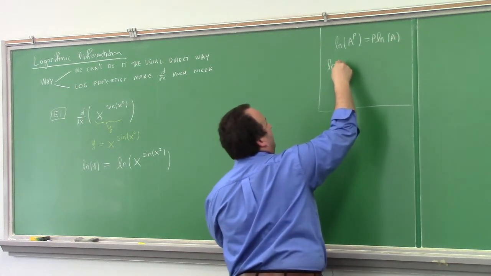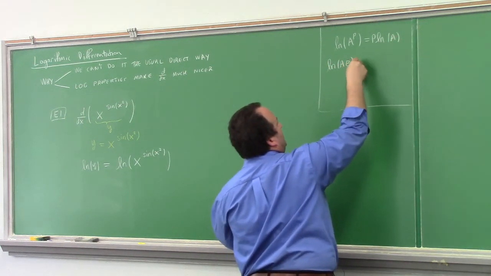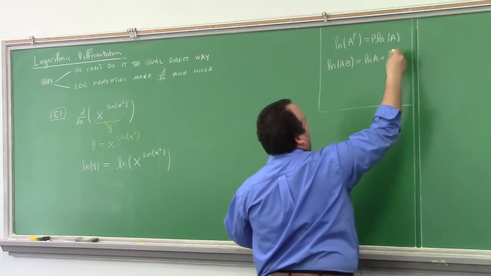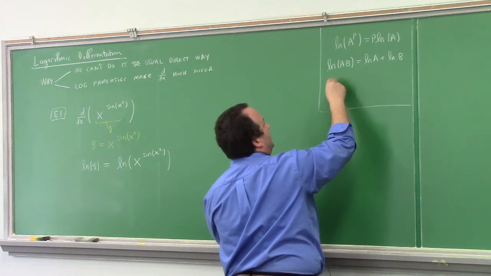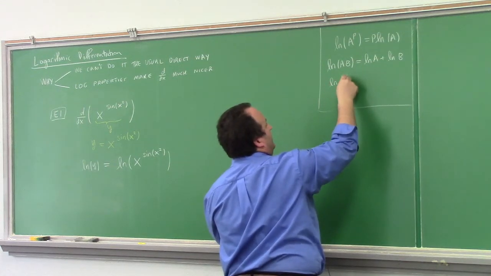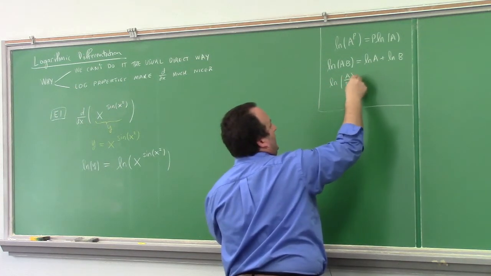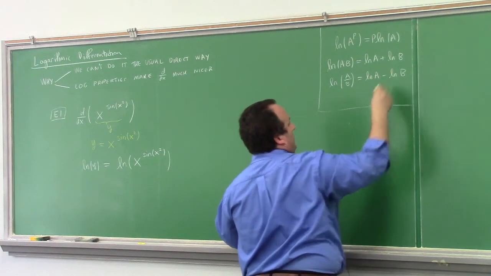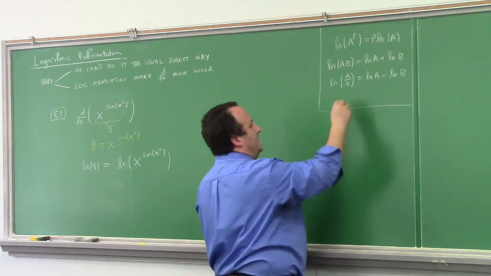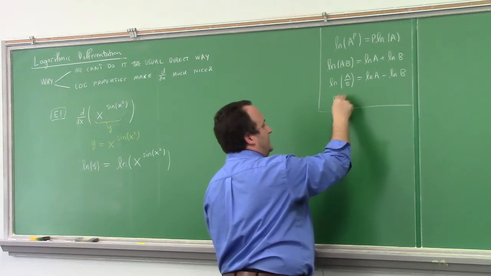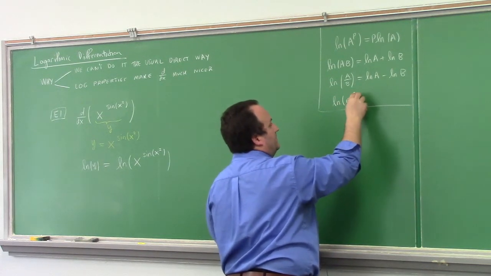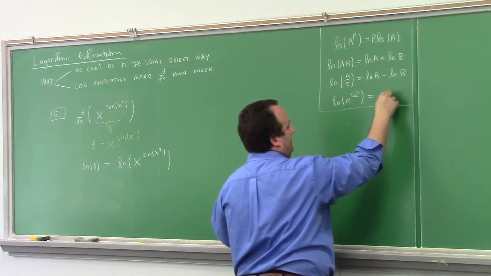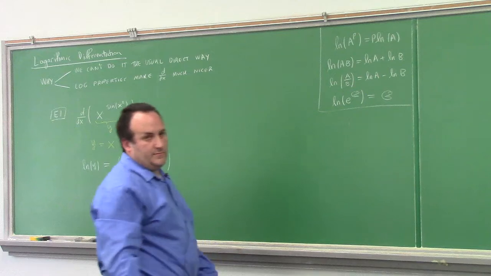Another one, the natural log of a times b is log a plus log b. And then, of course, we also have log of a over b is log a minus log b. And beyond that, there's the natural log of e to the whatever is the whatever. Those are the big ones.